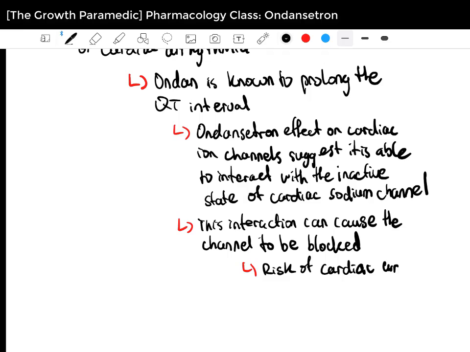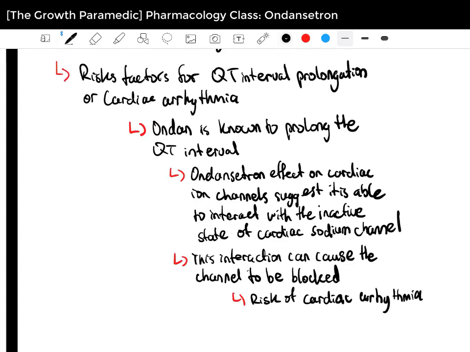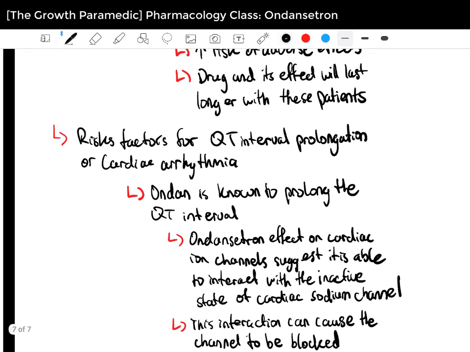So that's the main two precautions I want to mention today. There are a few more, but again, I'm not trying to give an exhaustive list, just the ones that you should be aware of and be mindful of, especially in terms of administering ondansetron.